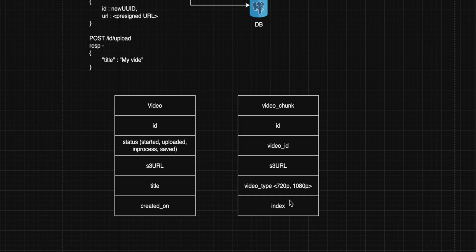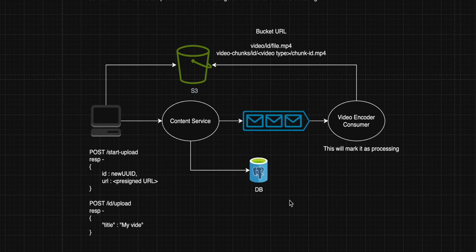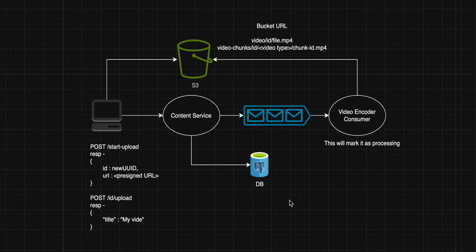And when all the processing of the consumer is done, we will mark it as saved. It will have the S3 URL and all the metadata. Video chunk will have the data of all the chunks. Okay, so this is our content service. This content service is our persistent storage, the single point from where we can get data of all the content.